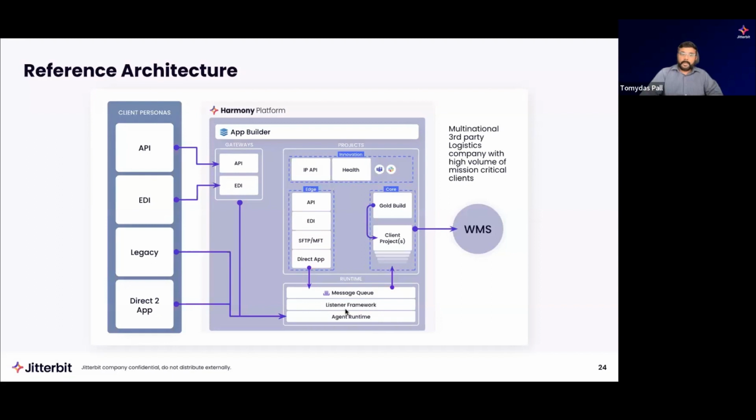There's also a listener framework which listens to these messages. And finally, the message queue manages the queuing and the receipt of delivery to the target systems. So it is one of the large, recently completed use cases.